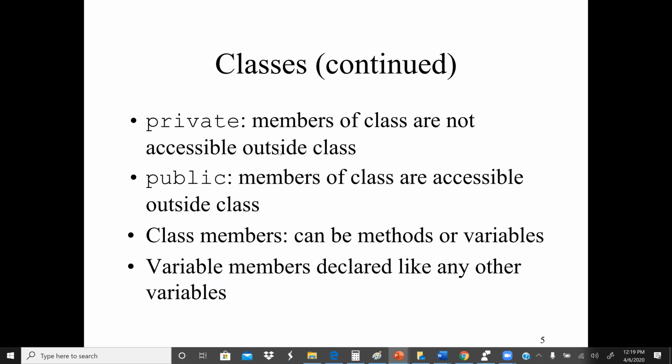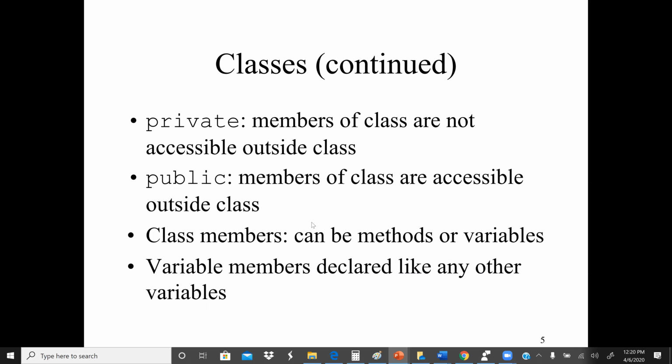So we say private members of a class are not accessible outside the class, as we said earlier, and public means the members of the class are accessible outside the class. So public members can be accessed by any class in the program, but private members can only be accessed within the class where they are defined. Class members can be either methods or variables.